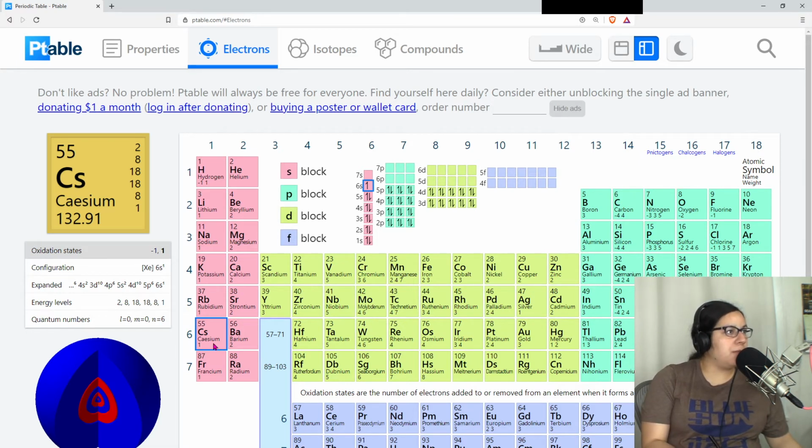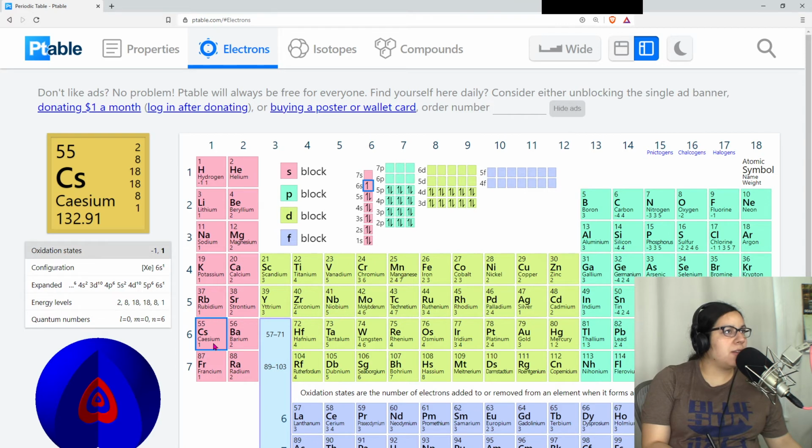But anyway, sorry. So cesium: it tells you the electron configuration, but why I like this periodic table is it also shows you all those electrons filled in. Going back to valence electrons, cesium is on the n equals 6 level.